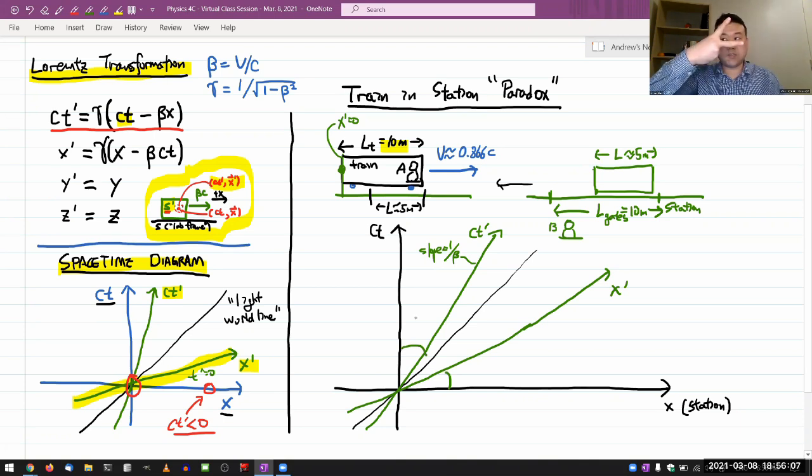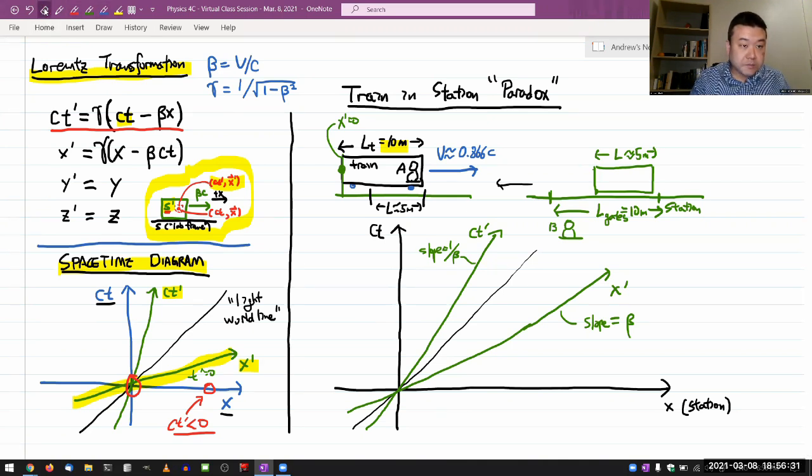It kind of scissors in, which is how the Lorentz transformation axes look. So that's the reference frame of the train. And the slope of this, if you draw it correctly, should look like a beta.